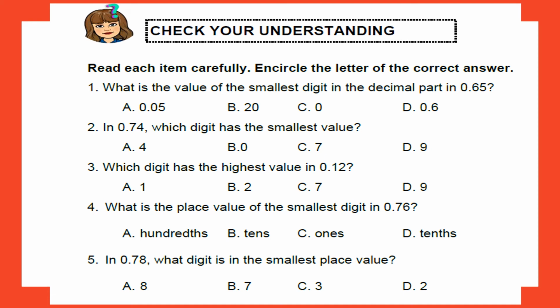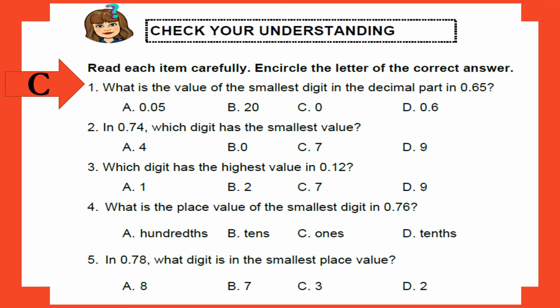So look for the smallest digit. Is it A, 5 hundredths, B, 20, C, 0, or D, 6 tenths? What is the smallest digit in the decimal part? Correct, it's 0. Letter C.